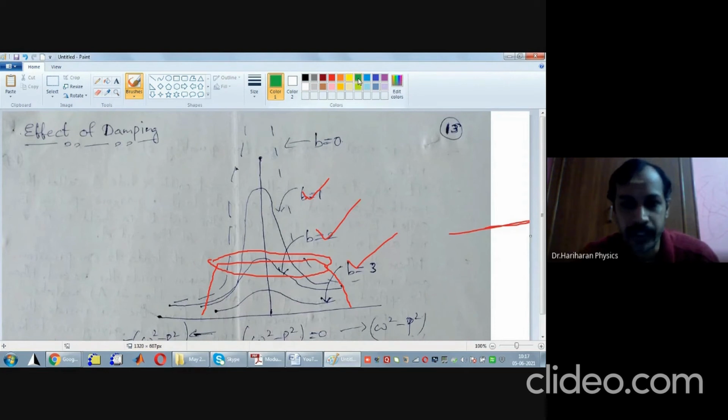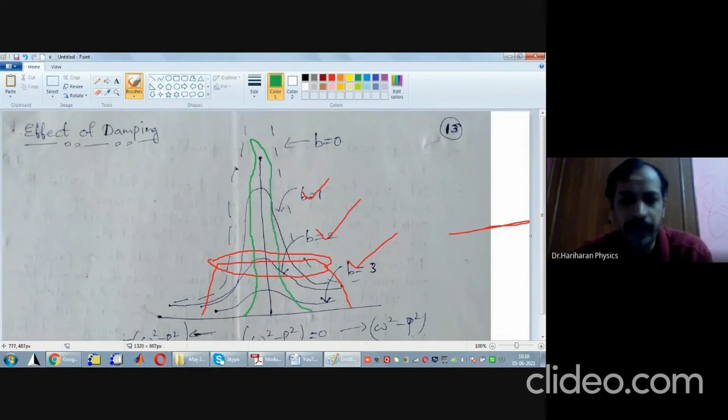If B is very small, the amplitude varies roughly like this, quickly. It will be very narrow.